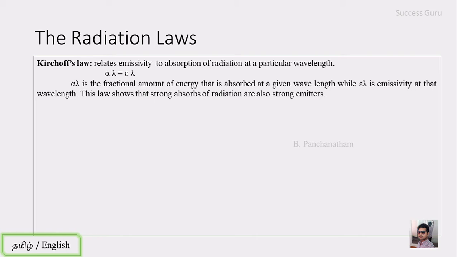This law shows that the stronger the absorption of radiation at a particular wavelength, the stronger the emission at that same wavelength. That is, if an object absorbs a particular wavelength, say 10 micrometer, then it will emit the maximum at 10 micrometer. That is the relation between the absorption and the emission of a single body at a particular wavelength.